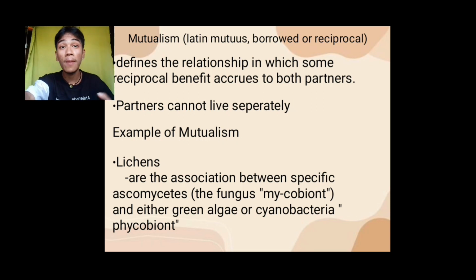When we say photoautotroph, it is dependent only on light, carbon dioxide, and certain mineral nutrients. The fungus can get its organic carbon directly from the alga or the cyanobacterium. Oh yes, that is what we call the lichen, the example of mutualism.